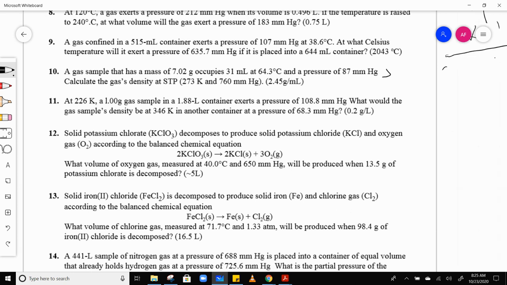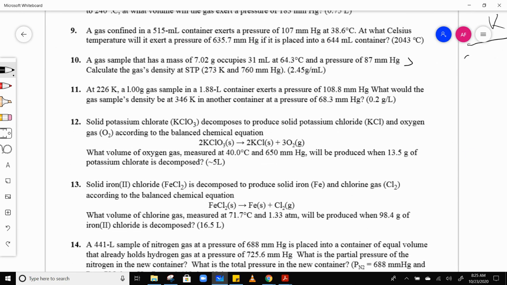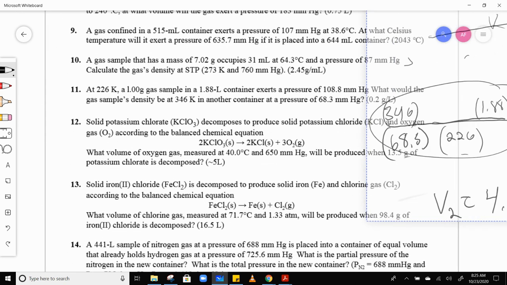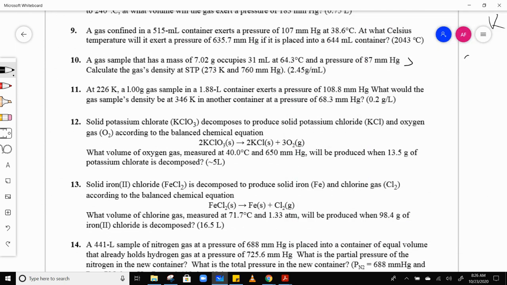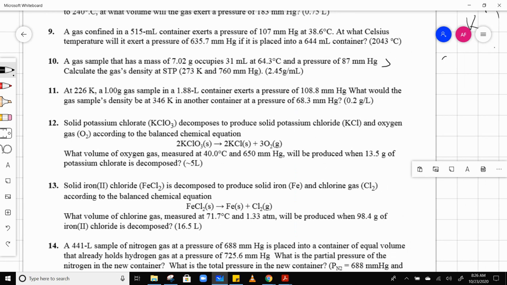Okay. So first of all, we have to recognize this is not at STP, so we're actually going to have to figure out how many moles of oxygen we can make. And then we're going to take that number of moles and plug it into PV equals nRT.